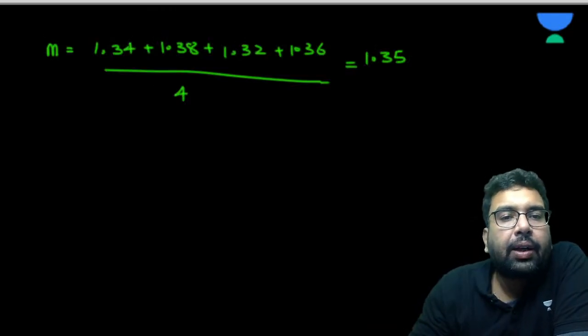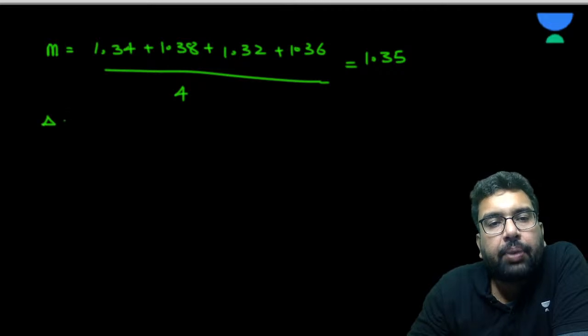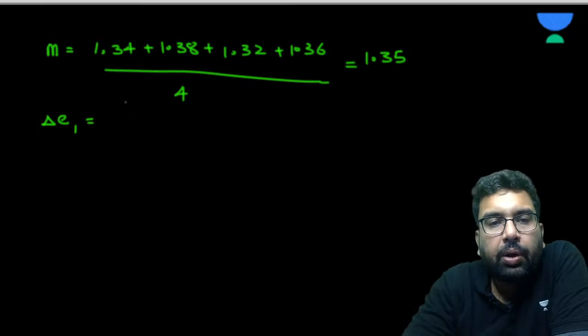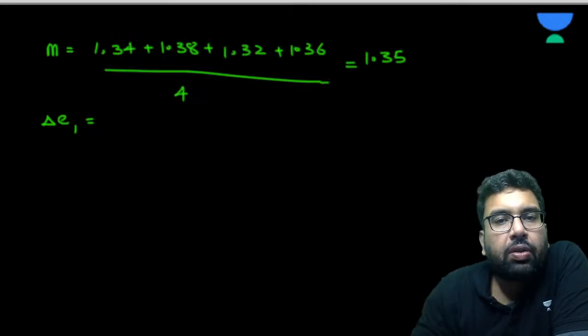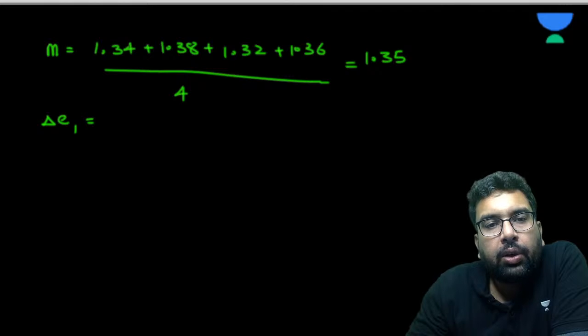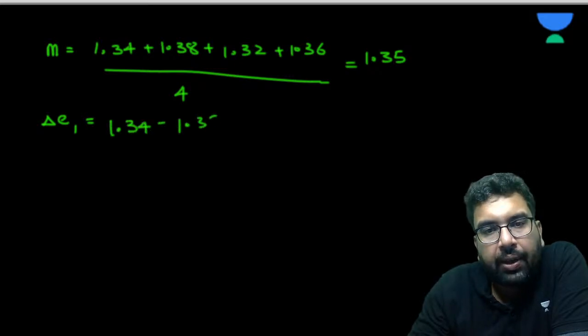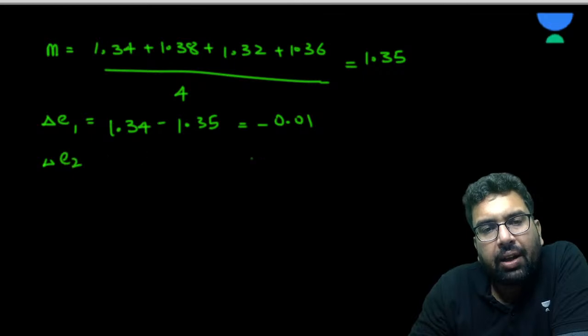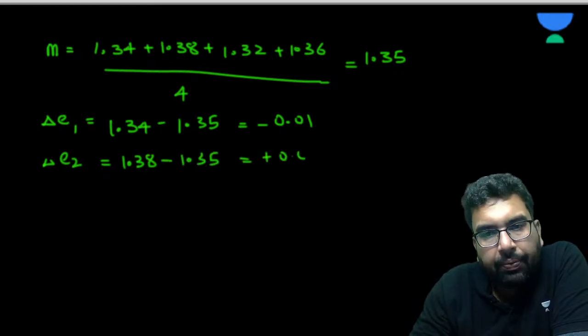Although if you want to find it, the error in the first measurement, let's call it delta E1, is going to be actual value minus true value. So that is 1.34 minus 1.35, so that is minus 0.01. Now similarly delta E2, we are concerned about the magnitude only. So 1.38 minus 1.35 is plus 0.03.